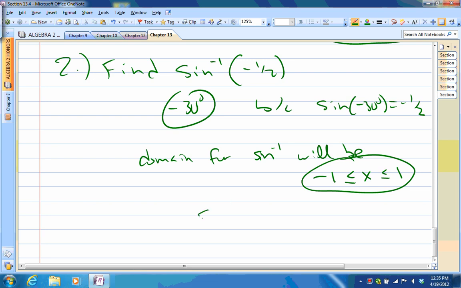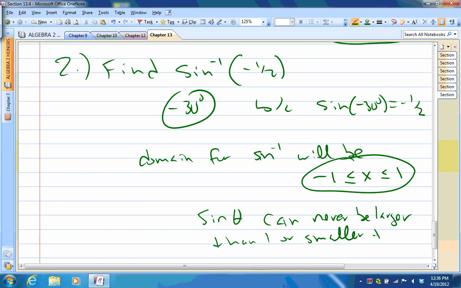Simply because the sine of an angle can never be larger than 1 or smaller than negative 1. We'll take some time to talk about this on Friday. But sine theta can never be larger than 1 or smaller than negative 1.